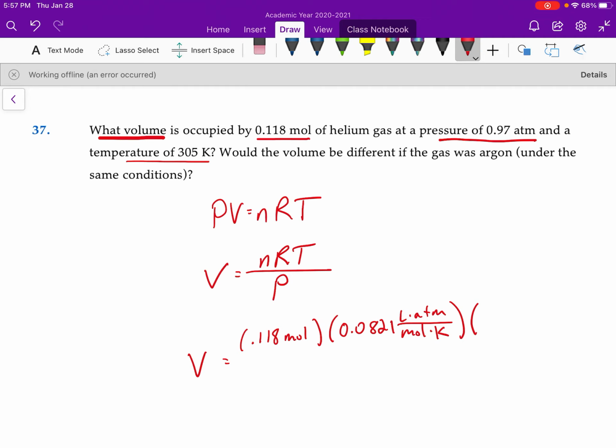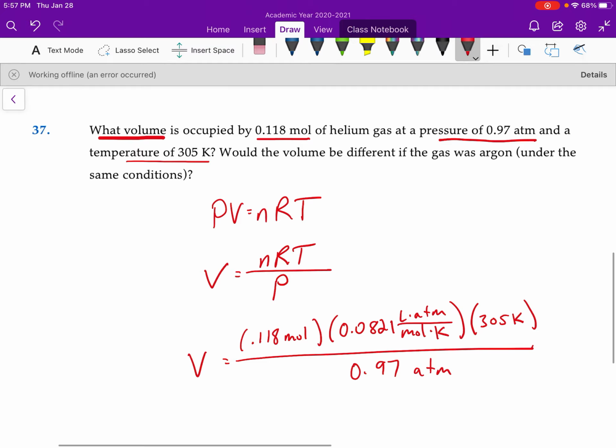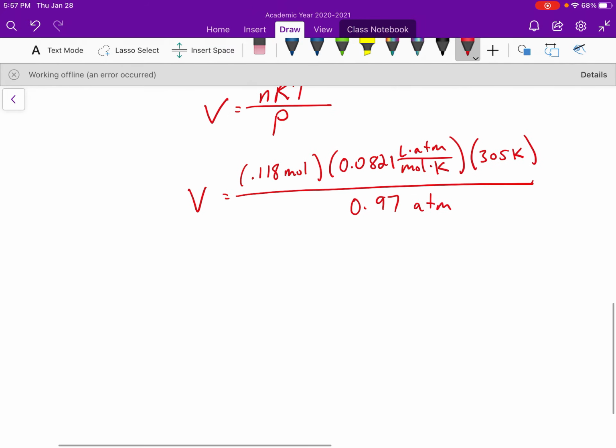Temperature is already in Kelvin, which is great. 305 Kelvin. And then my pressure is 0.97 atmospheres. So if you do the math and you double check your units, right? Moles cancel, Kelvin cancels, ATMs cancels.